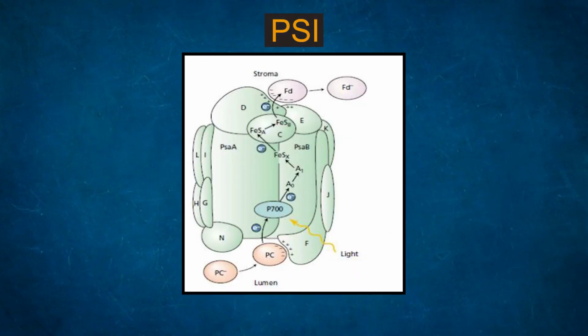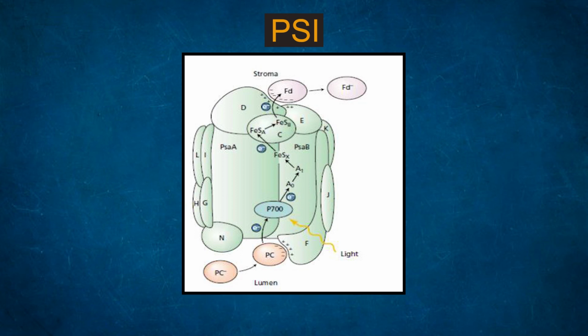Let's now come towards the reaction center of photosystem 1. Plastocyanin comes and delivers the electron to P700, because when a photon of light is absorbed by chlorophyll A molecules at 700 nanometer, P700 becomes oxidized.